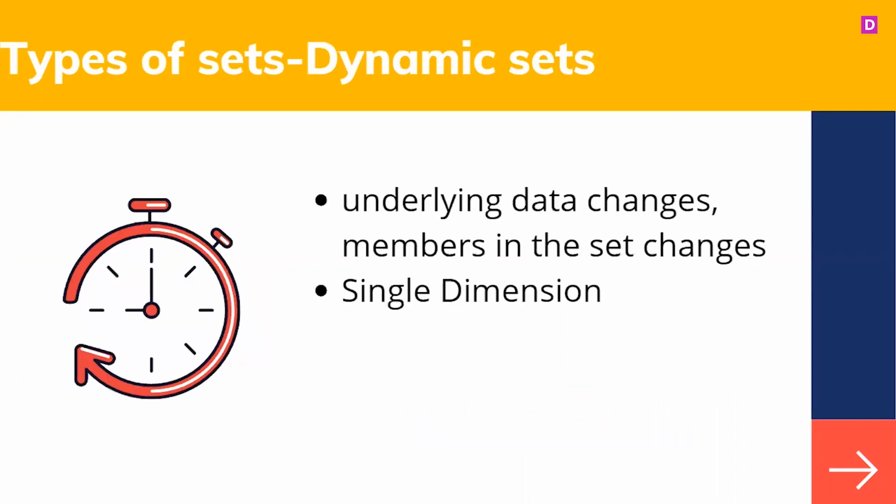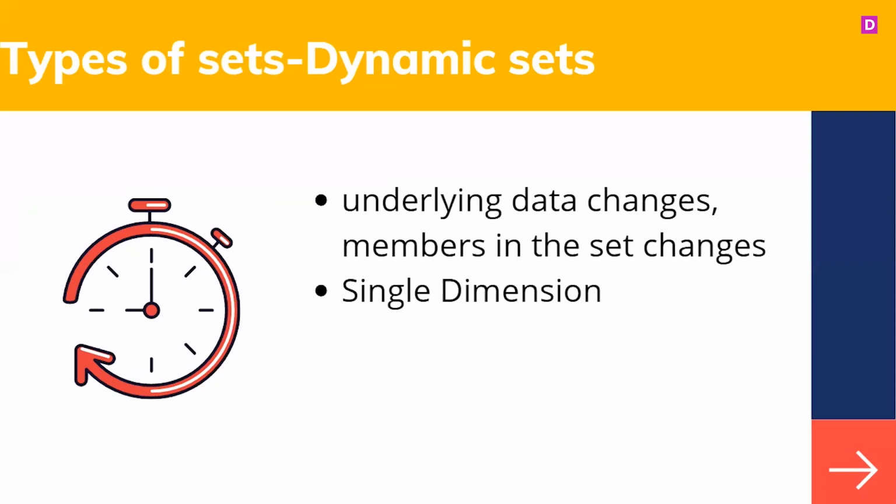All right, you might be thinking this is the same concept we spoke about in filters as well, because in filters also I said that you can create a subset of the data, and I gave you some use cases of where you can make use of filters. Almost a similar thing, but there is a little bit of difference between the filter and the set. We will see that.